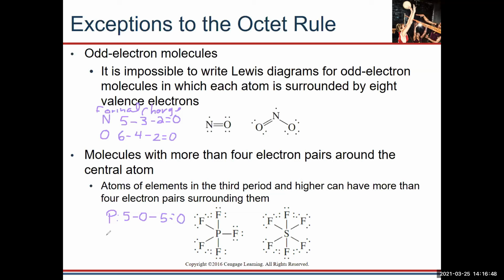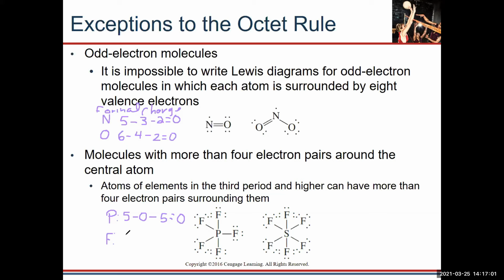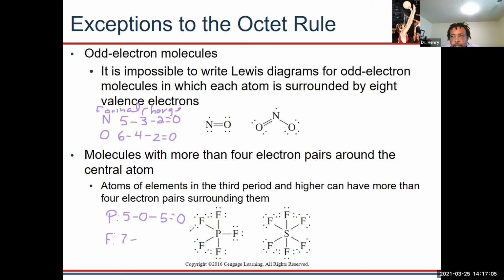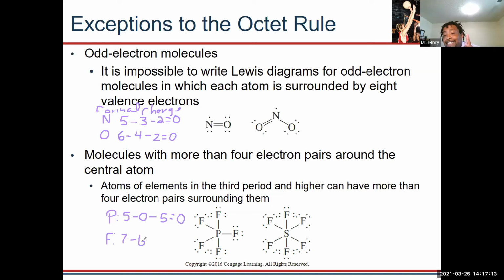And then what about the fluorine? How many valence electrons? 7. How many lone pair electrons? You're looking at a single atom, not all of them, just one.